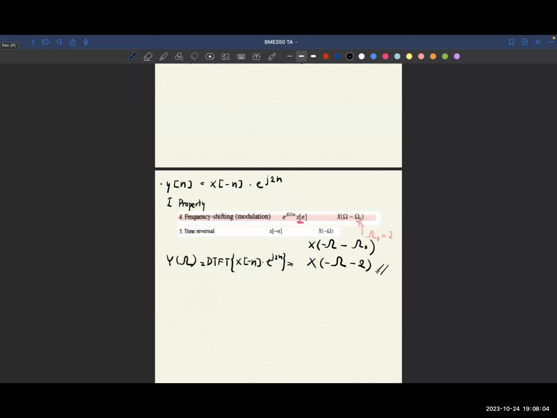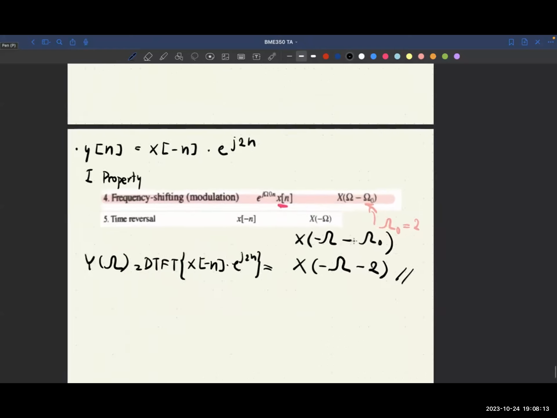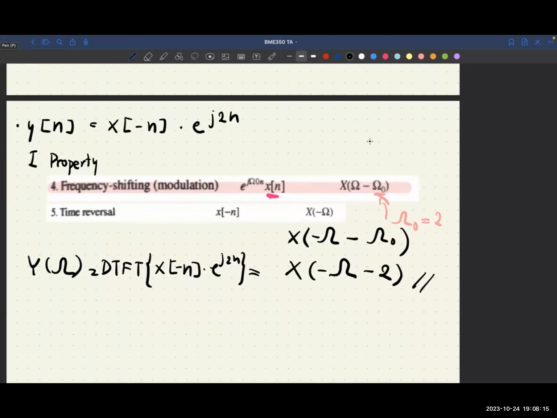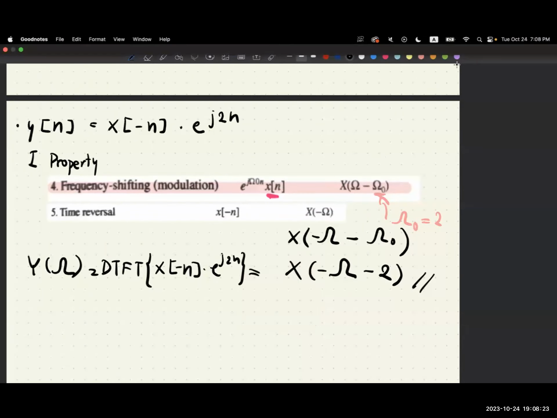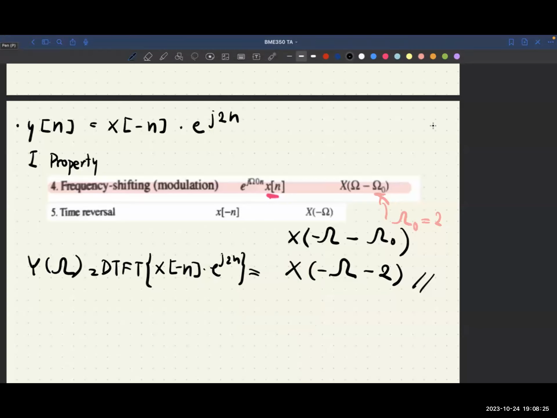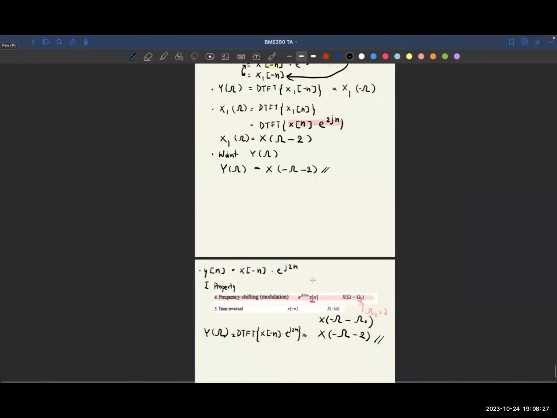Is it clear? Does it help? Do you feel this is better than the one I just did? It's good, Alpha.